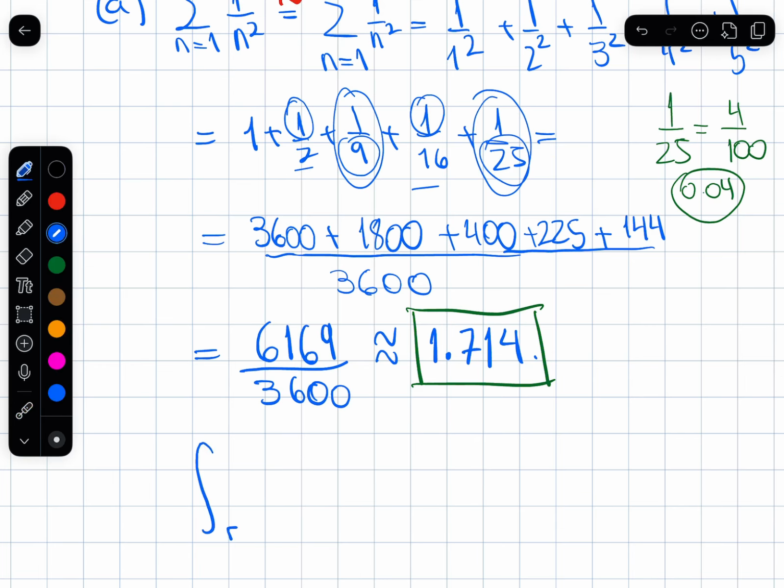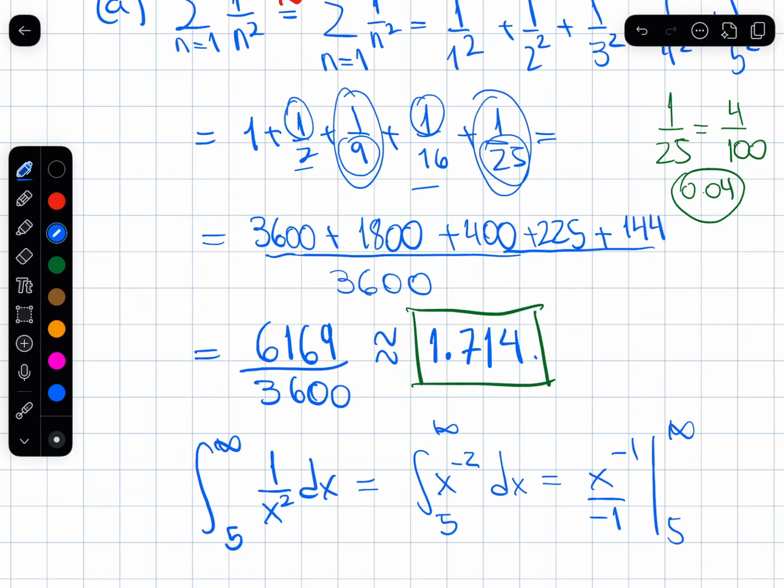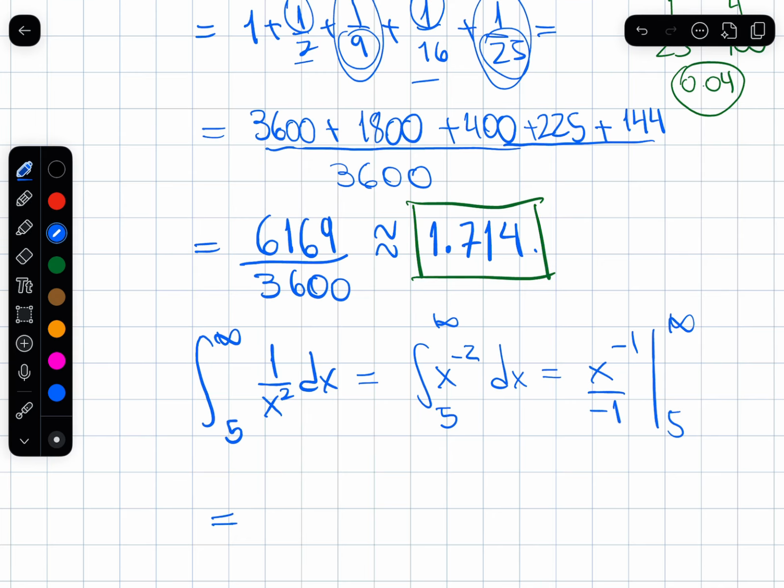I do 5 to infinity, 1 over x squared dx. And so what will that be? I have x to the negative 2 from 5 to infinity dx, which will be add 1 to the power, divide by the new power. So that will be minus 1 over x, right?